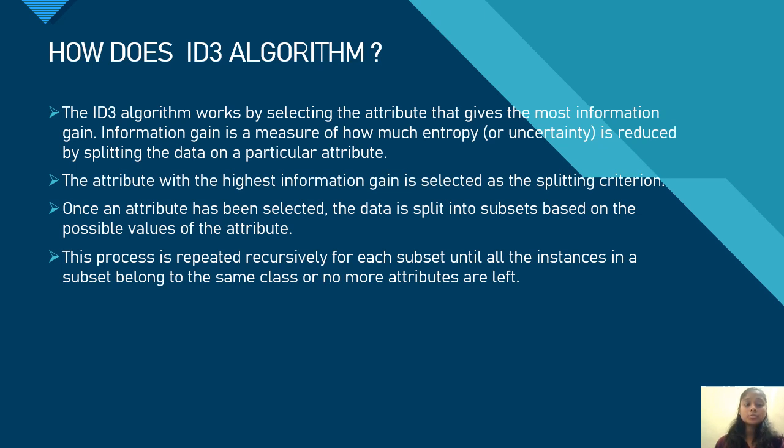Once an attribute has been selected, the data is split into subsets based on the possible values of the attribute. This process is repeated recursively for each subset until all the instances in a subset belong to the same class or no more attributes are left.